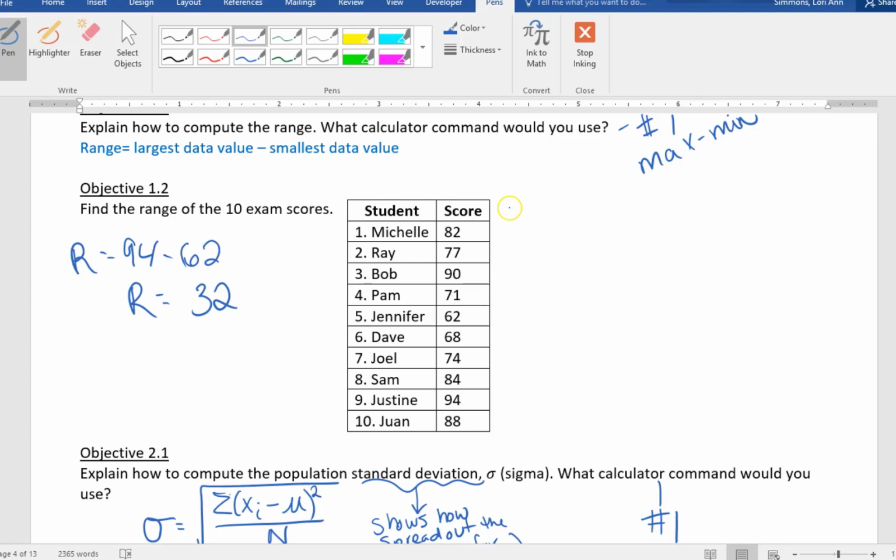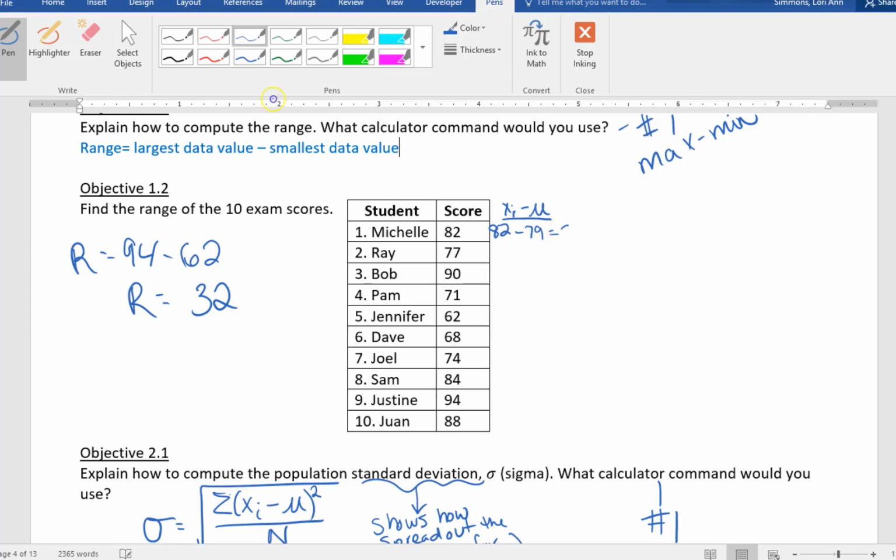So what we're going to do is compute xi minus mu. So we're going to work on this inside first. Xi is going to be just the corresponding score, and then mu was the mean, and we figured out that was 79 in 3.1.